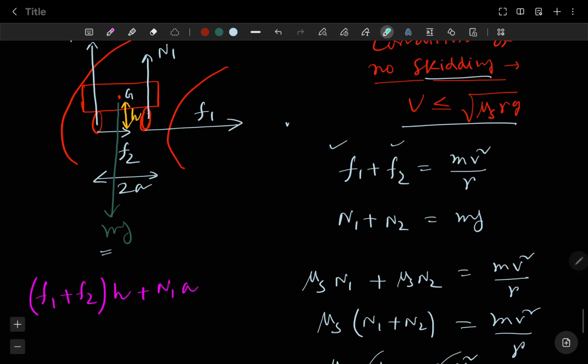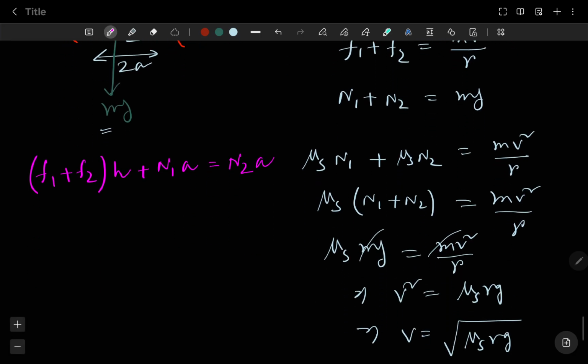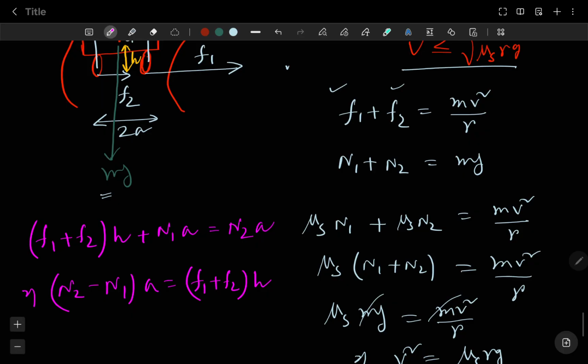So these are anti-clockwise torques which are trying to topple the car, and the clockwise torque is N2A which is trying to stabilize the car. So what will happen? N2 minus N1 into A is F1 plus F2 into H. Now what is F1 plus F2?